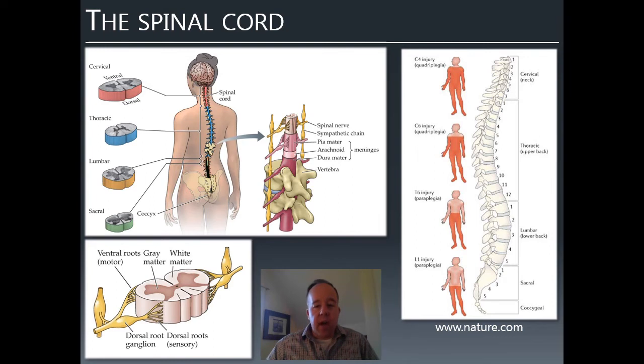If the injury is lower down, they may be able to move their arms, but not their legs. And the farther down that injury is, the better in terms of how much function will be retained. This is true for sensory processing as well. Touch information can't make it past a spinal cord injury. The lines are severed. And so lower injuries result in less loss of function.